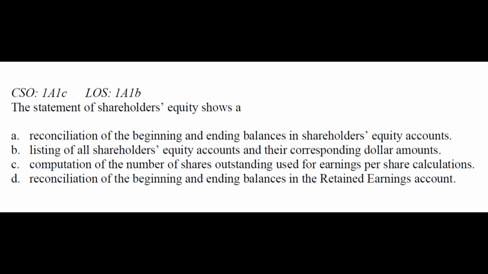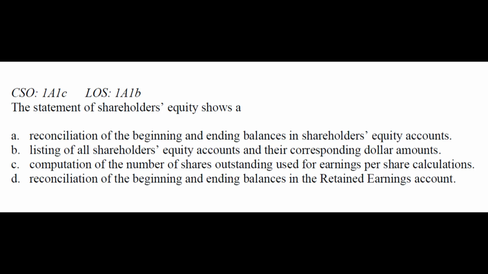D. Reconciliation of the beginning and ending balances in the retained earnings account. Incorrect. This describes the statement of retained earnings, which focuses only on retained earnings rather than the entire shareholders' equity section. Correct answer. A. Reconciliation of the beginning and ending balances in shareholders' equity accounts.